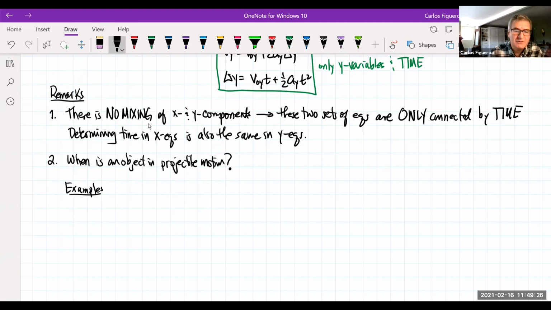The examples I want to think about are, let's say, shooting a cannonball. When you're thinking about shooting a cannonball, you could imagine that I have a cannon, and let's say it looks something like this.